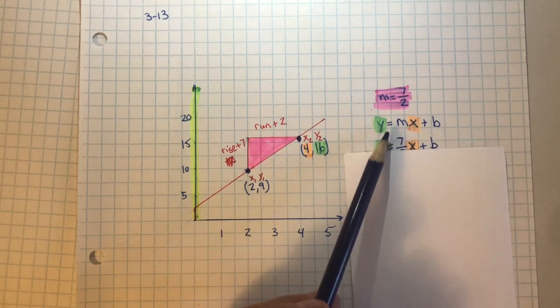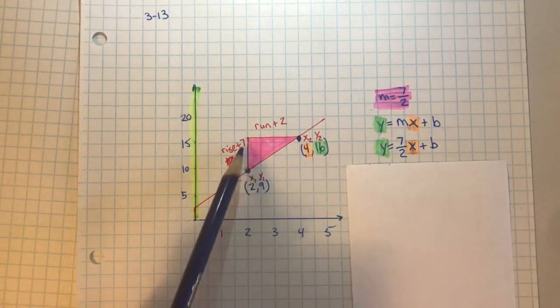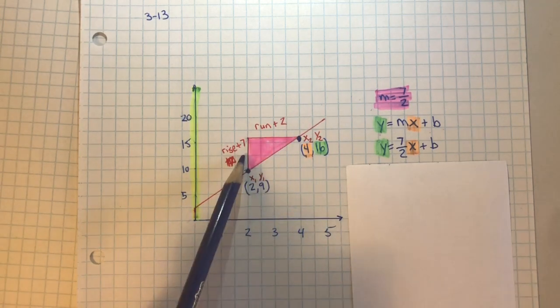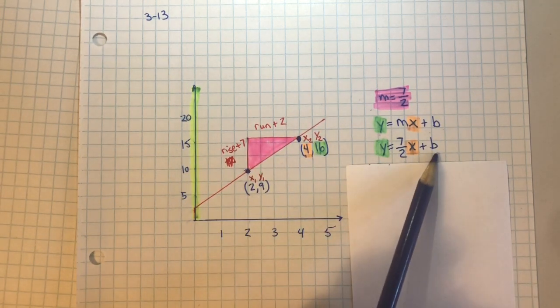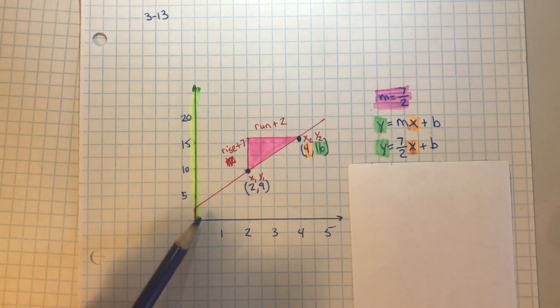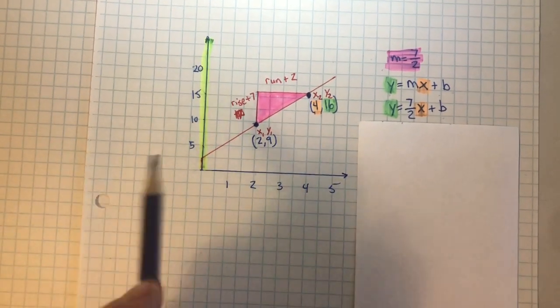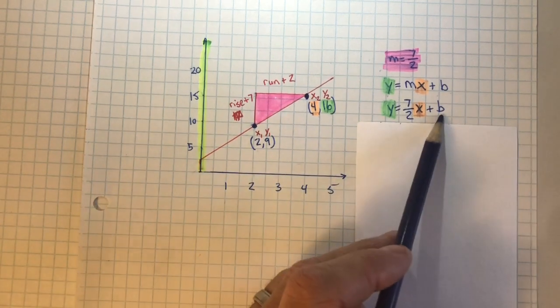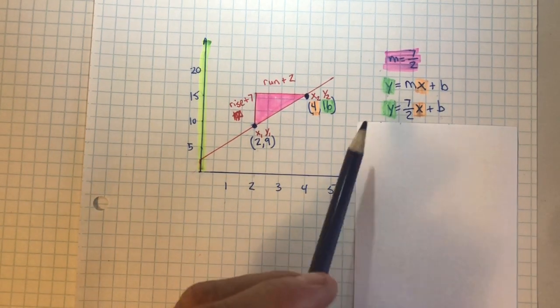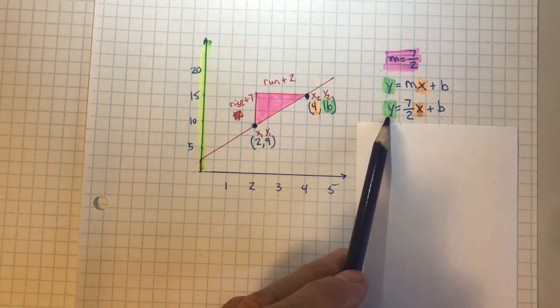So I found the slope, which I know is 7/2. We got that from using the slope triangle. Now I need to find the y-intercept, where it intersects with the y-axis. It looks like maybe somewhere around 2.5 or so, but I'm not sure, so I'm going to have to solve for b. In order to solve for b, I need to know x and y.